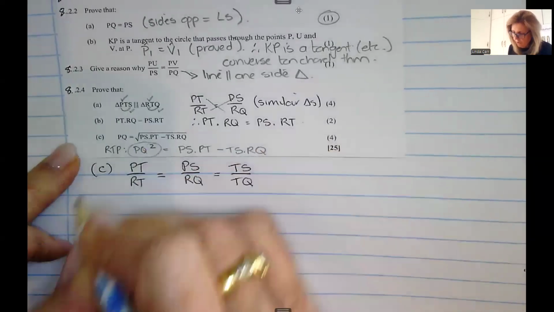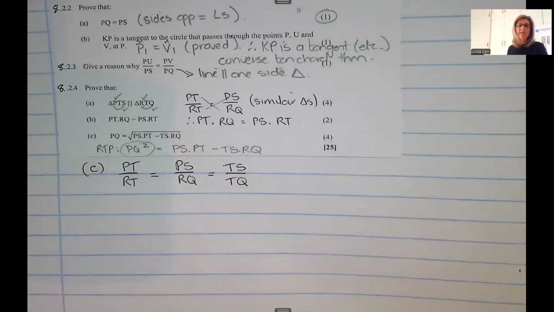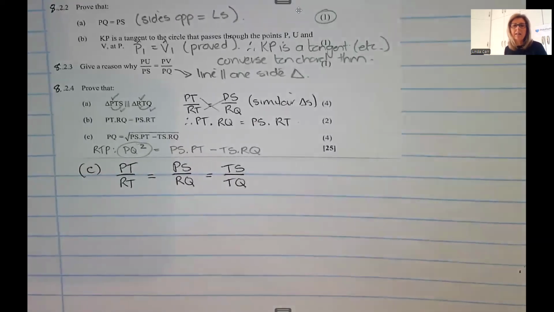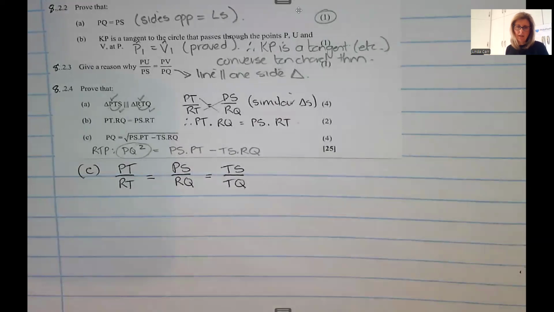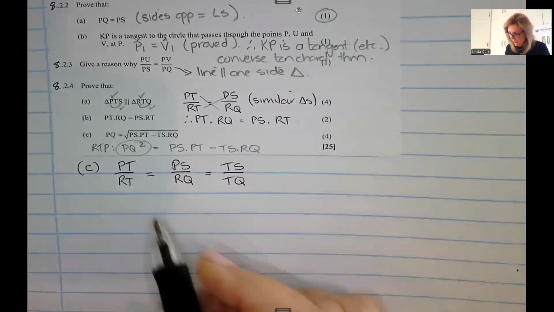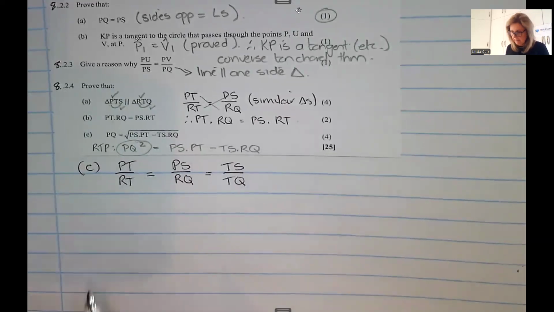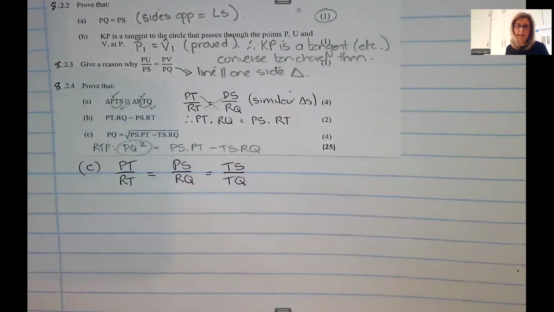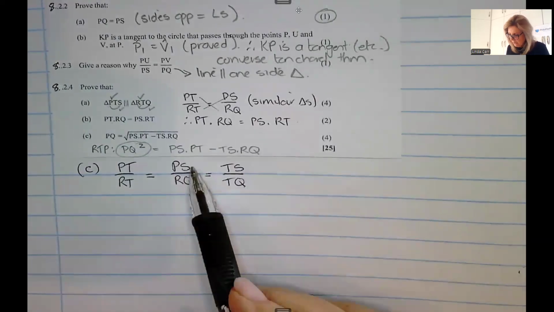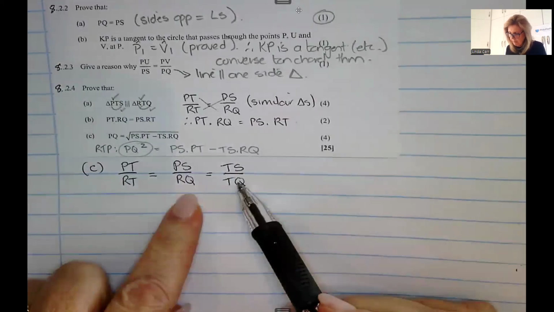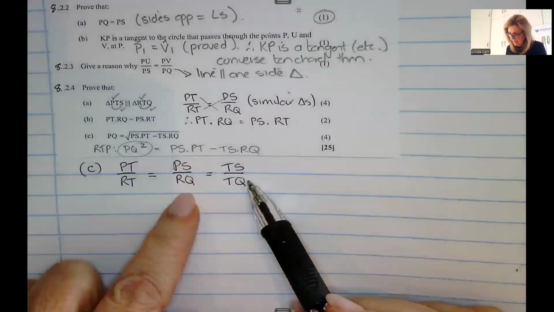So it was that PQ squared that then got me thinking it must be something to do with the similar triangles again. So I've just got all of my proportions from my similar triangles that I proved in A, and now I'm trying to match up to see which ones seem to match the best.